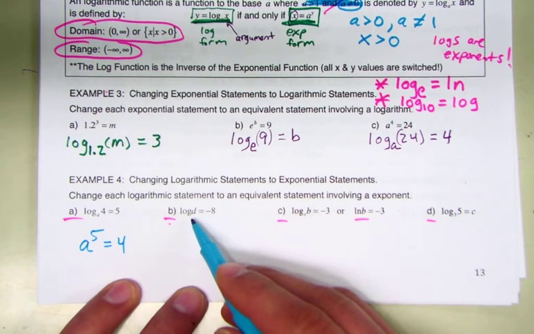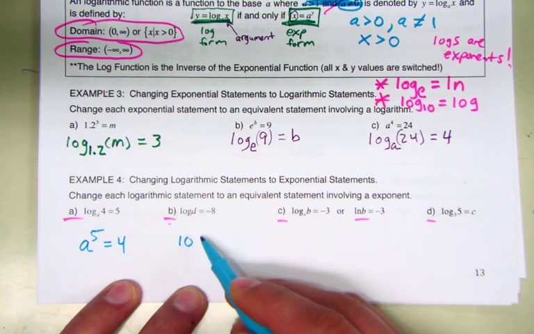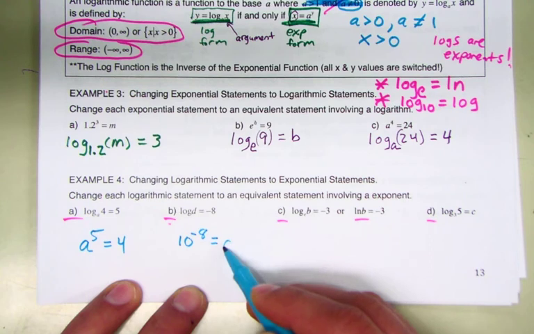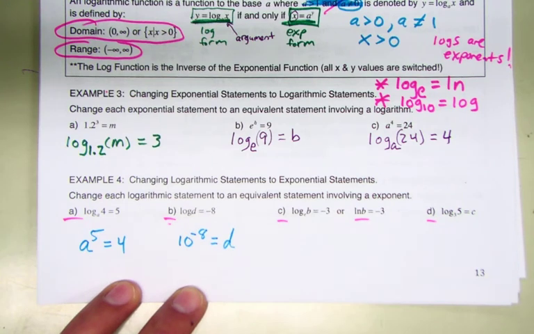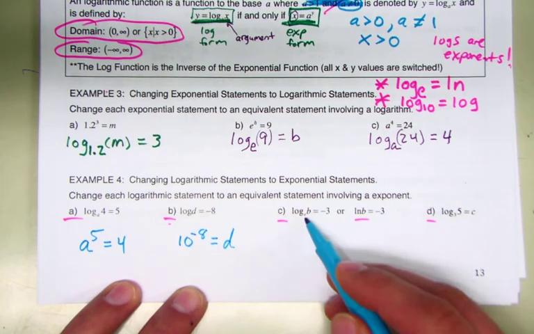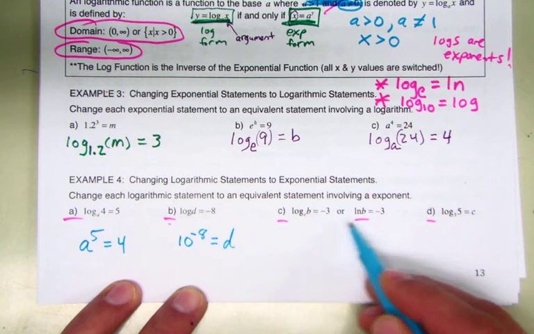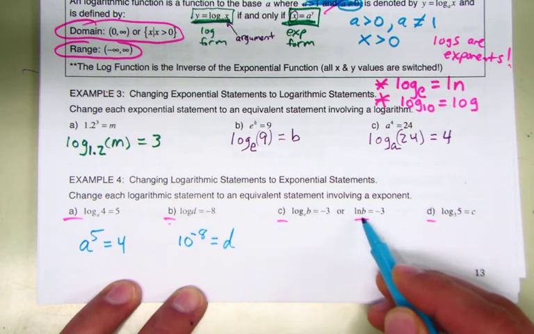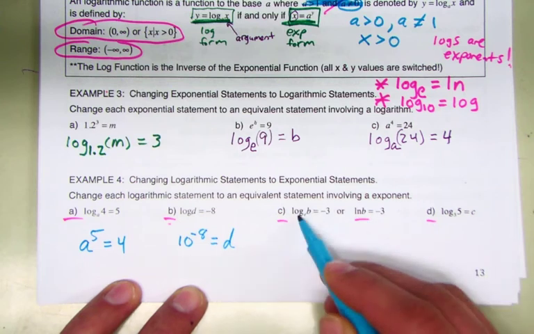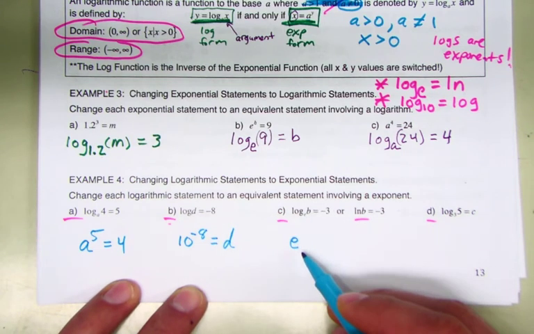What's the base here? Very good. So 10 to the negative 8 equals d. What's the base here? Okay, and also if you see it written this way, you do it exactly the same. Okay, so whether you see ln or log base e, it's e for the base. What's the exponent?